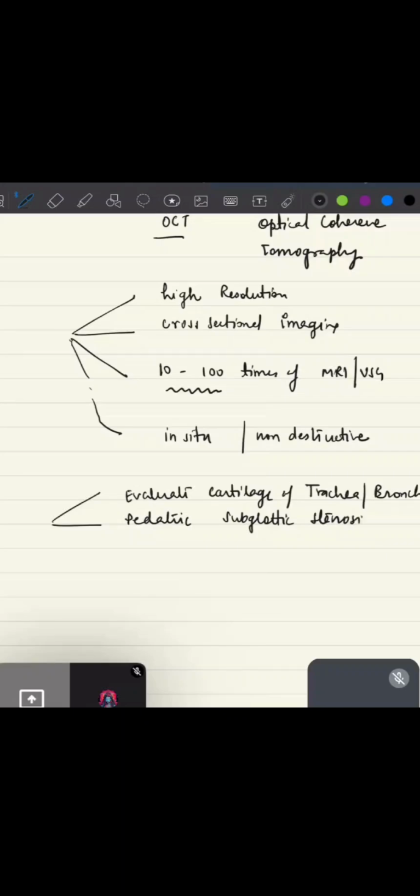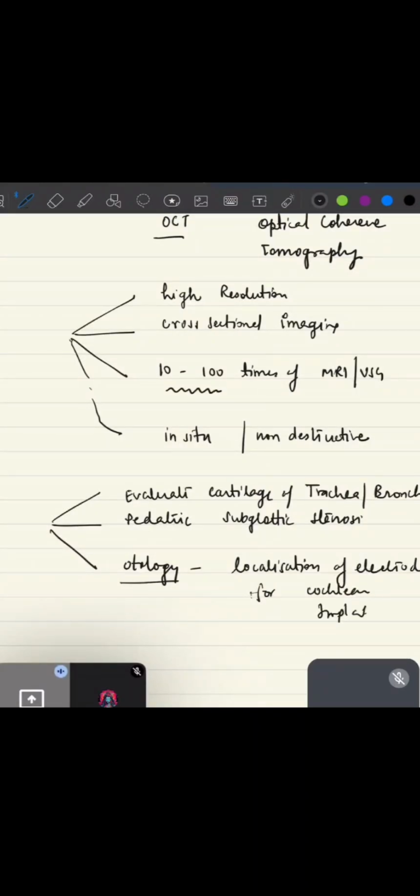Then apart from that, in the otology section, this is used for localization of electrodes of CI. Localization of electrodes for cochlear implant.